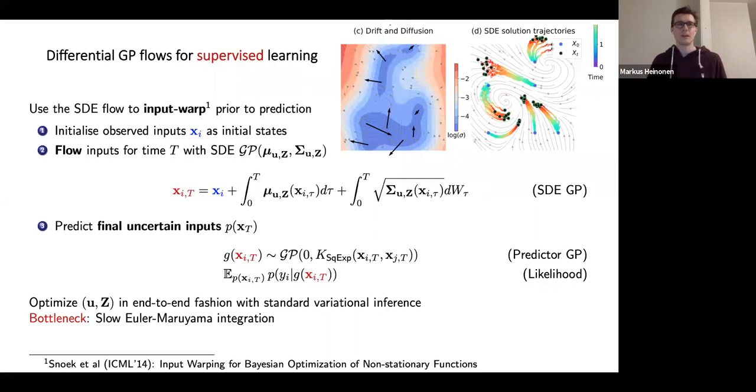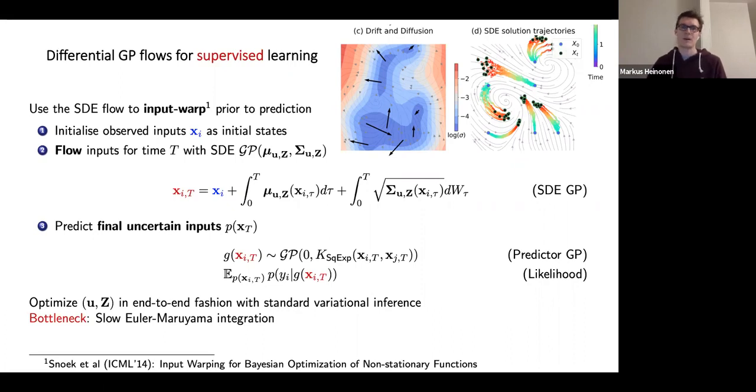So what we do is that we define the data points as the initial state of our dynamical system. We apply this SDE flow, which now moves each input around following this vector field system.